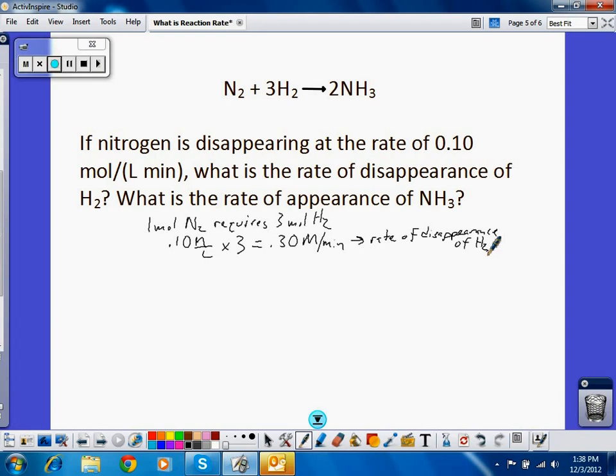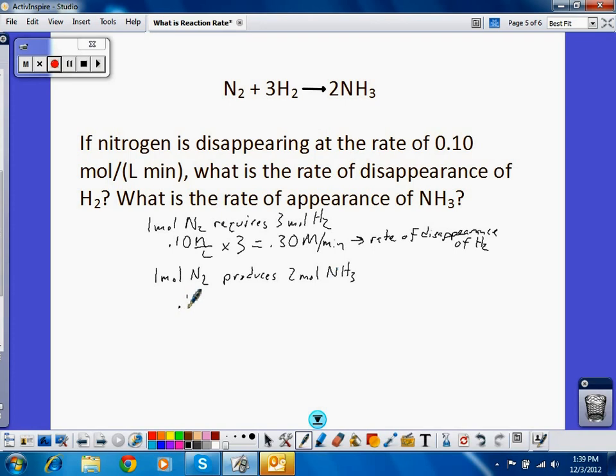Likewise, if I'm looking at ammonia, 1 mole of nitrogen produces 2 moles of ammonia. So, for every 1 mole of nitrogen, I get twice as much ammonia.